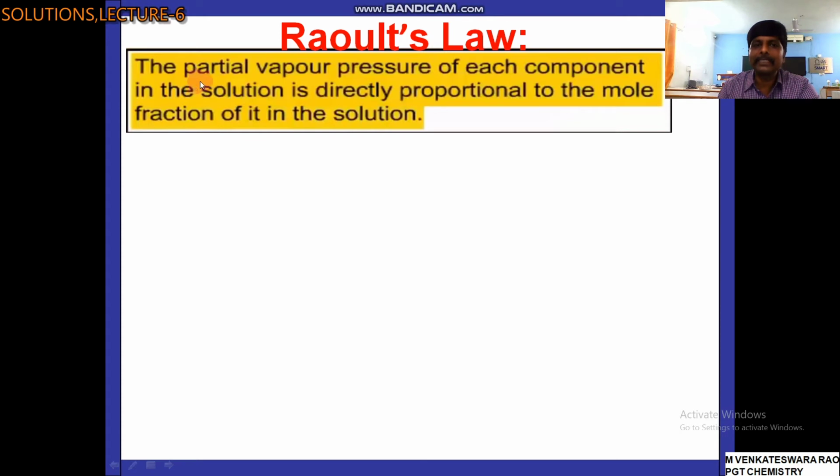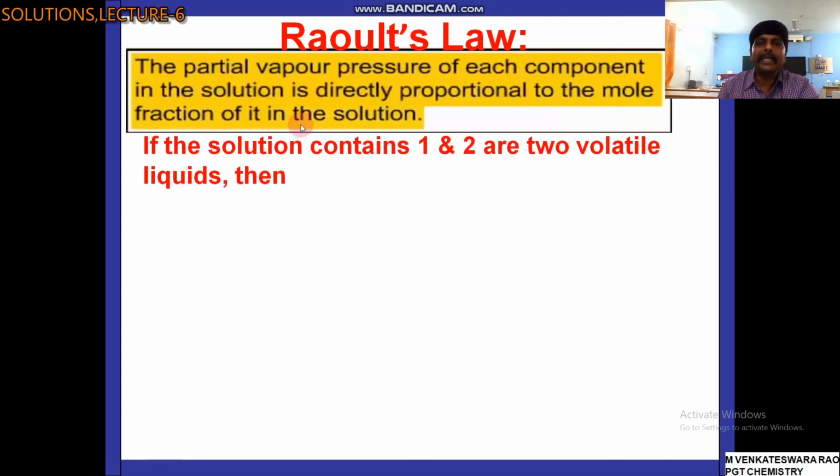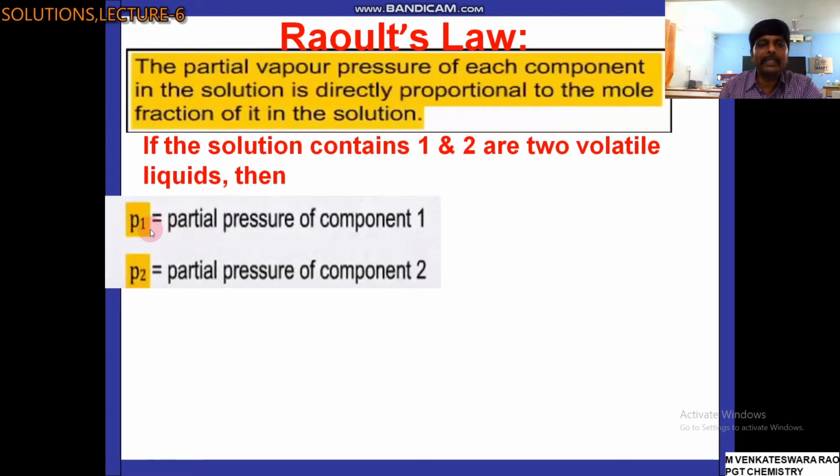That means P is directly proportional to X. If this solution contains two components, 1 and 2, let P1 be the partial pressure of component 1, and P2 the partial pressure of component 2.